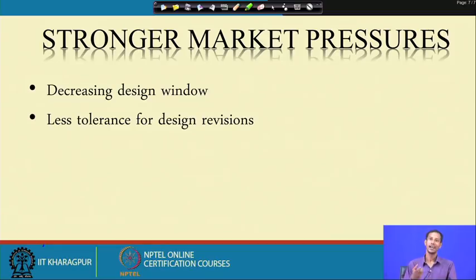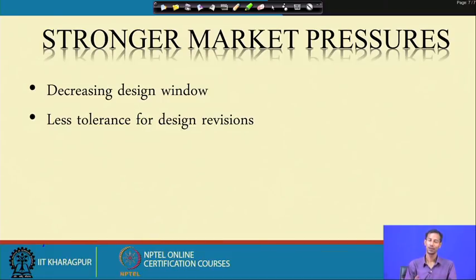How will you be more cautious? If you know what you have to achieve and how you have to achieve it. If you are more proficient, you can cope with the decreasing design window, as well as the reduced time for design revisions.